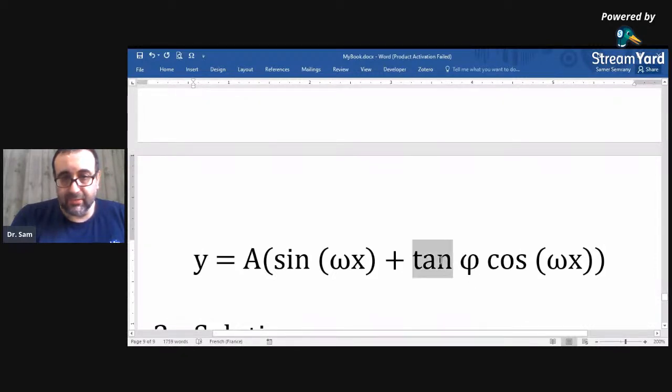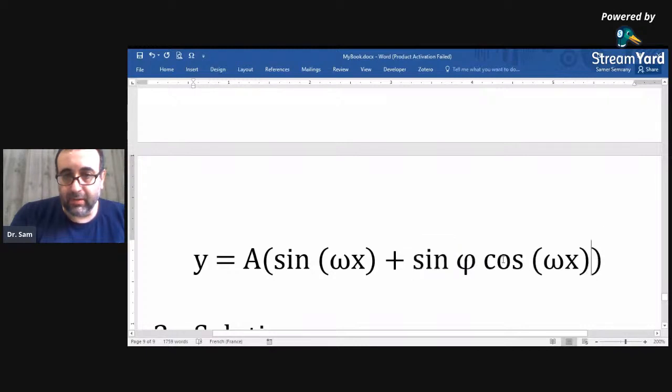So it's sine phi over cosine phi. So let's make this an equation.